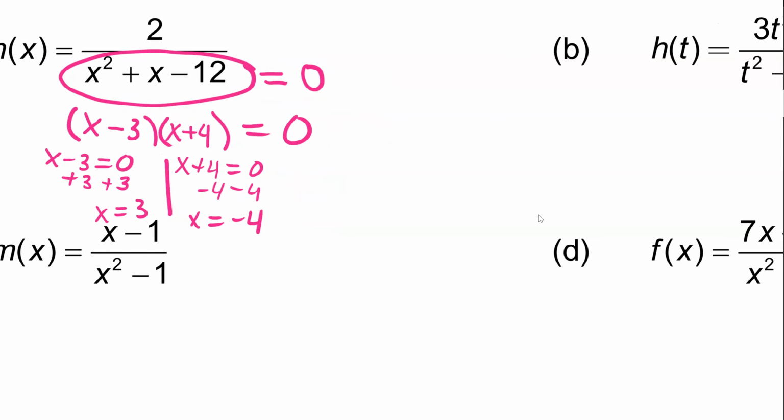So the way I would have to do it, sorry, let me slow down a sec to make sure you can write it. So these are the values that make my denominator equal to 0.